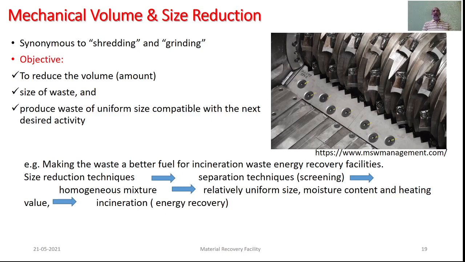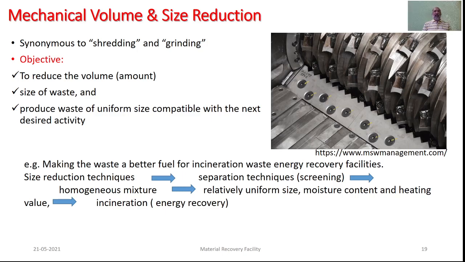As well, the shredding would ultimately cause the volume reduction for most of the materials. The materials which are fluffy in nature, obviously, would cause an enhancement of the volume, say for example, cotton, textile, plastic, paper. But these operations are essentially used in order to reduce the size and reduce the volume.